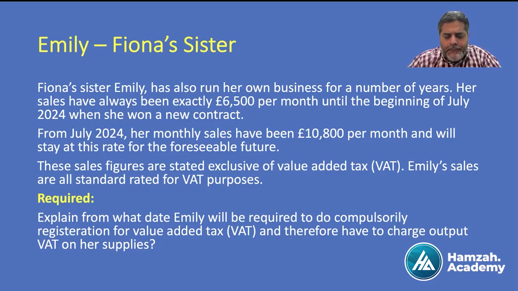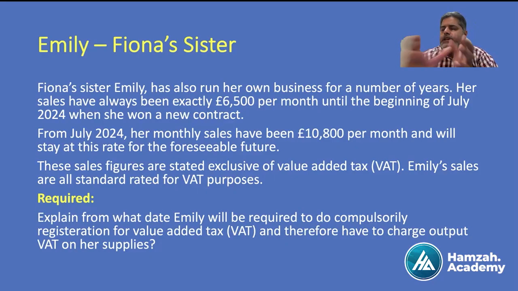It doesn't matter what revenue you have, you can get yourself registered voluntarily. Otherwise, if your revenue at any point within the 12 months on a rolling basis reaches 90,000 or above, it's a compulsory requirement.